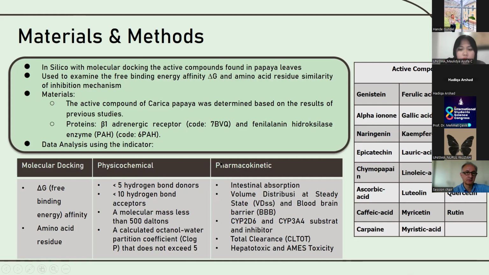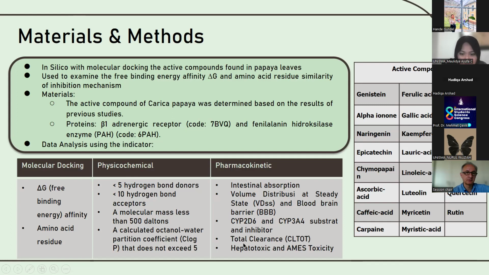For the pharmacokinetics, we use the indicators intestinal absorption, volume of distribution at steady state, or VDSS, and blood-brain barrier, and CYP2D6 and CYP3A4 substrate and inhibitor.